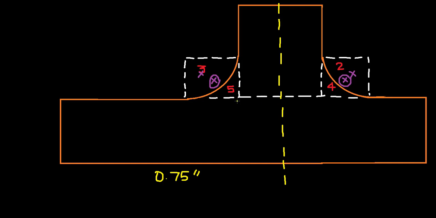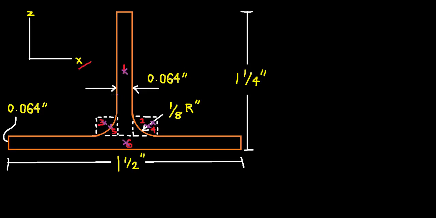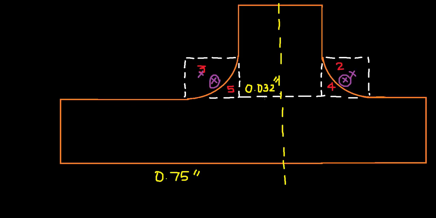What about this part? Since we know that this entire vertical bar is 0.064 inches, by simply dividing that by 2, we can get exactly half of it. So the answer we got is 0.032 inches. Now again, to remind, what are we finding here? We're finding this centroid position, which is technically this distance away.